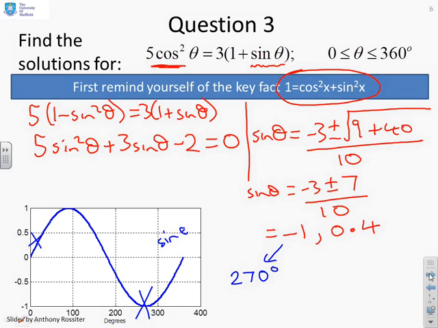Or perhaps I should use red. We've got a value here and a value here. So we can quickly work out what they are. The first solution is 23.6 degrees. That's that one there. And obviously this solution here is going to be 180 minus 23.6, so it's 156.4 degrees.